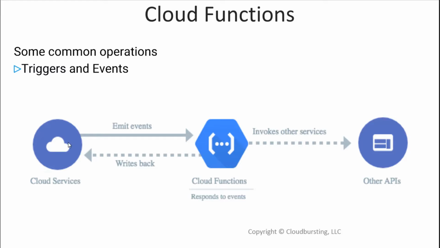That object could then be set up to trigger an event, and Cloud Functions would then execute that and perhaps drop something else back in the bucket. So it's going to respond to events. A lot of good use cases for it, but again, the limited use case for Cloud Functions makes it real easy to decide if you can use it or not really quickly.